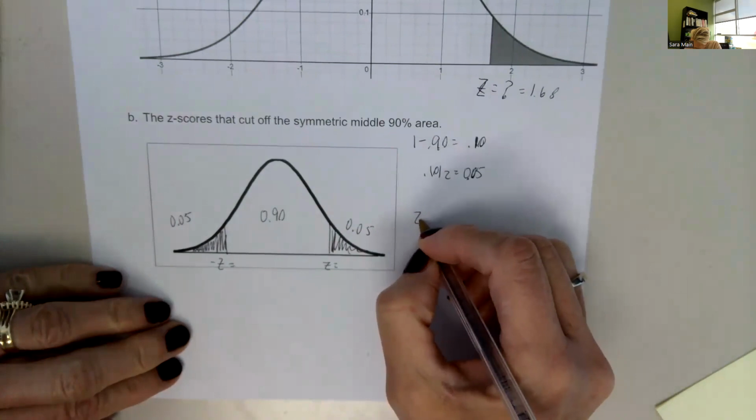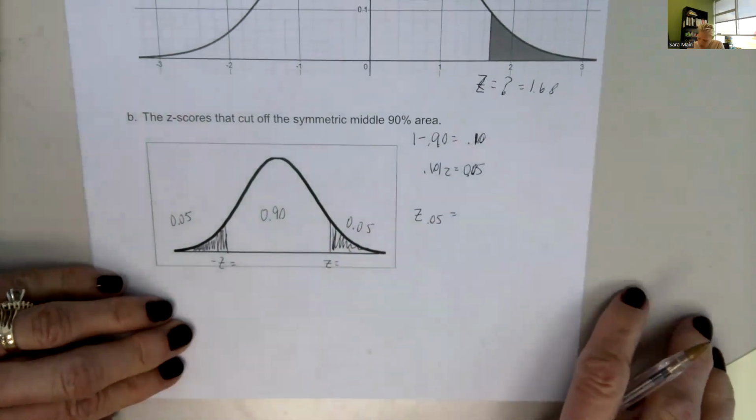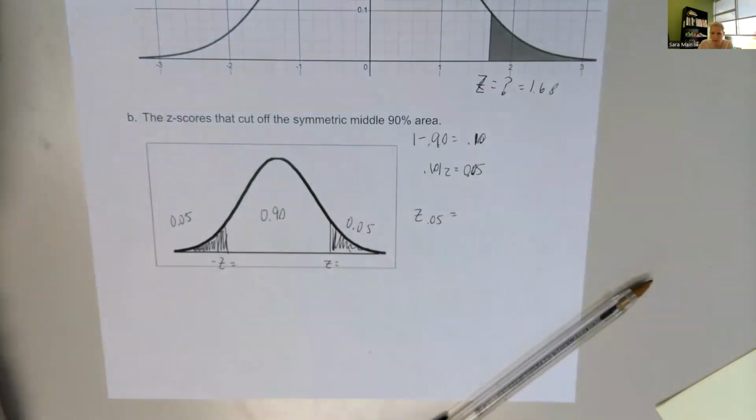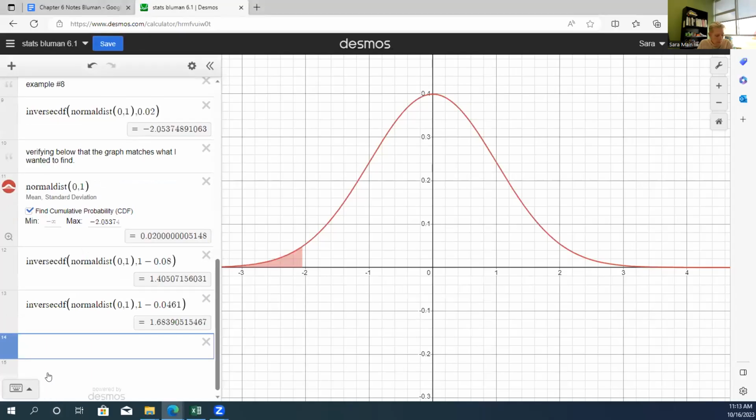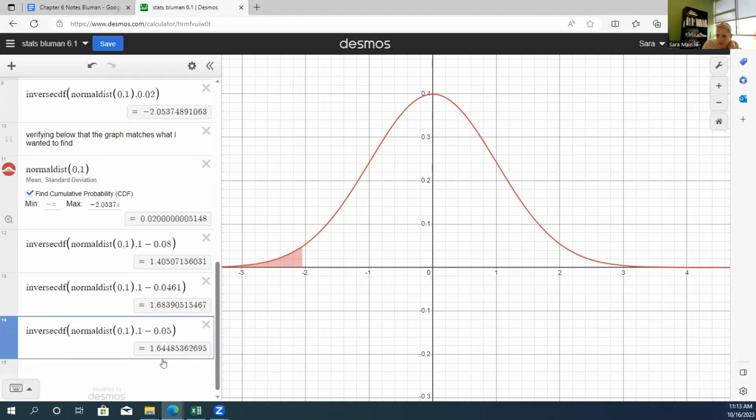So we can find z of 0.05, and we know that we're looking at the plus and minus of those. Let's go to Desmos and see what we can come up with. So I can do 1 minus 0.05.